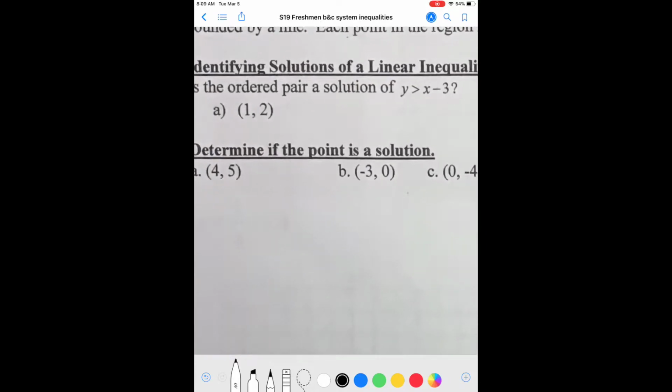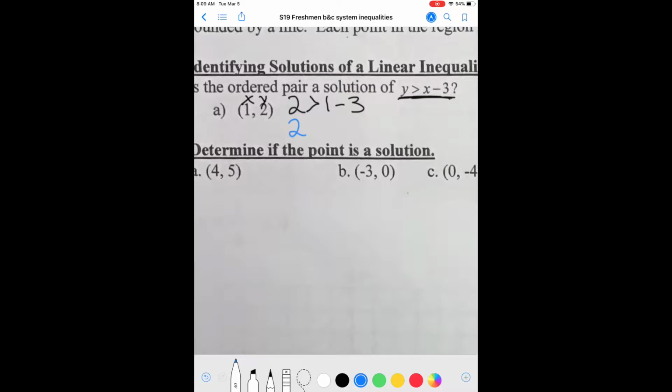So we're given this inequality, y is greater than x minus 3. So we're going to plug in the value 1 for x and 2 for y. So we've got 2 instead of y is greater than 1 instead of x minus 3. So we're going to simplify or solve.